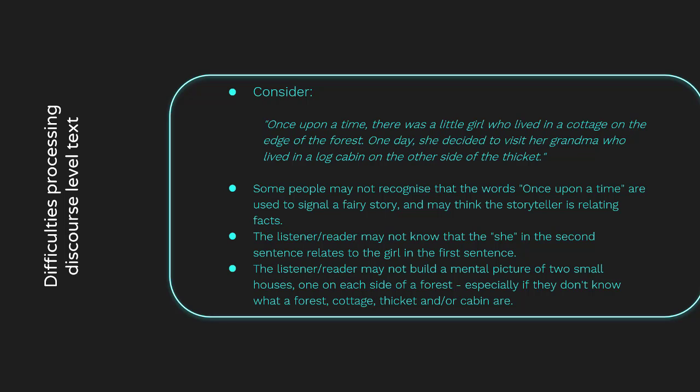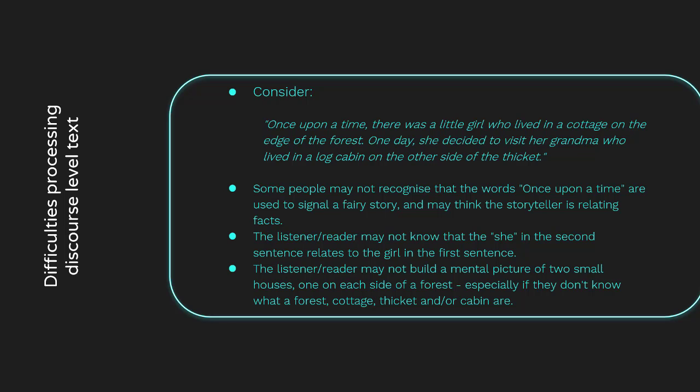And I particularly notice this when kids have some decoding issues where they're actually having to work hard to get the words off the page. But some children with oral language issues, even if they have no problems reading the words on the page, still don't make the connection that the she in the second sentence refers to the girl in the first sentence.